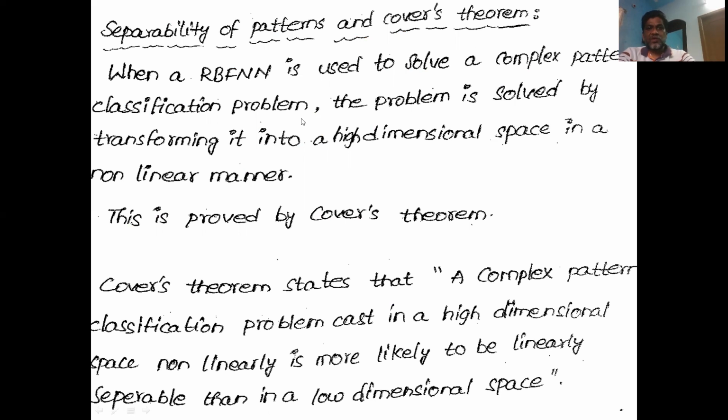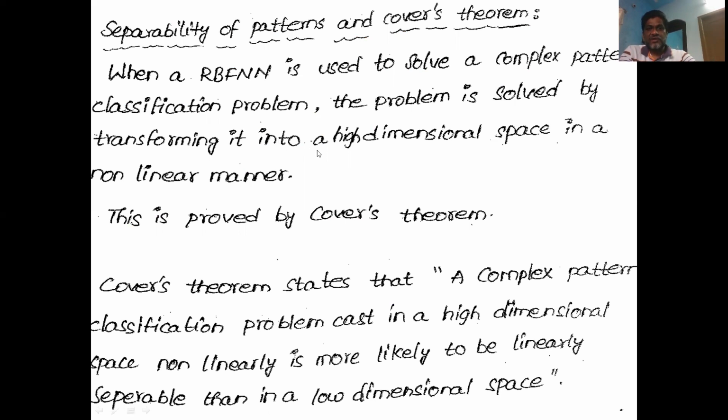So the basic point we need to understand here is, if the problem under consideration is a complex problem and the input space is low dimensional, then it is not possible to design a neural network for the corresponding input space.